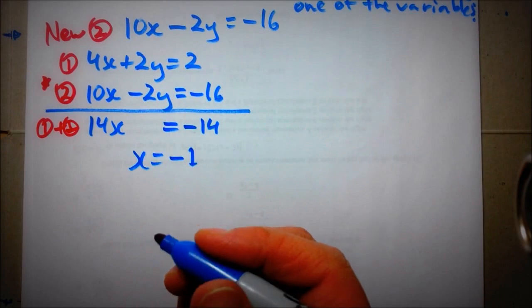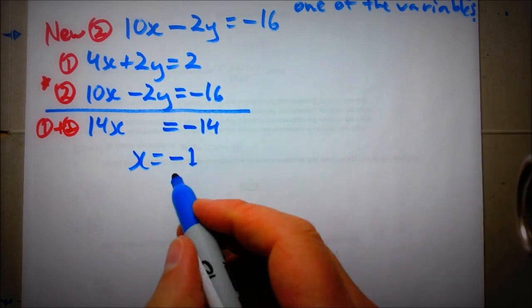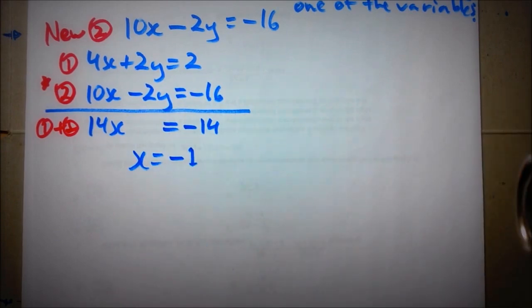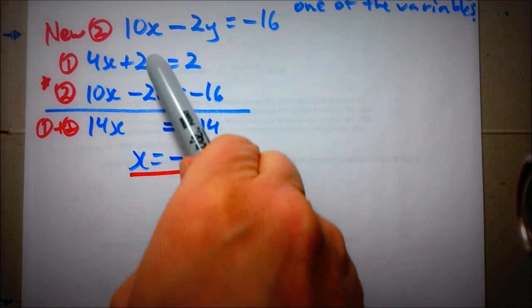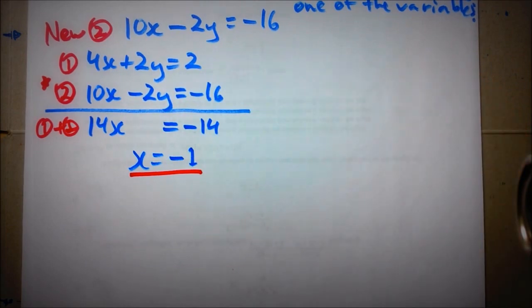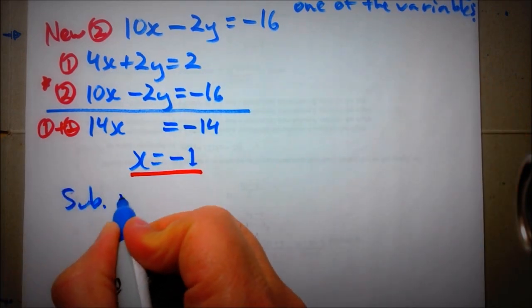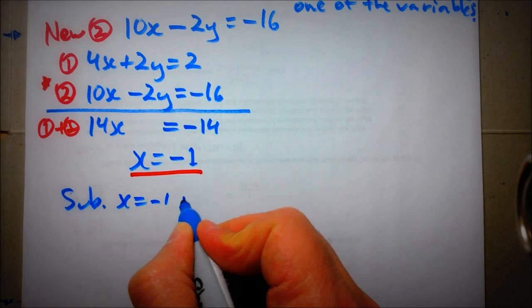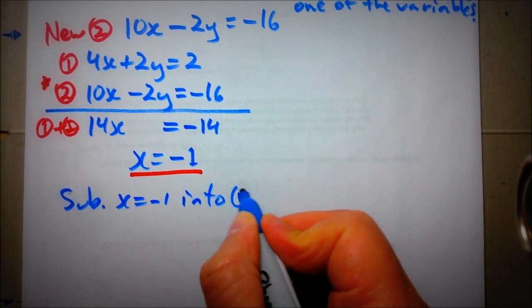Okay. Then we can use this, x equals negative 1, which is our x coordinate for the point of intersection, and we can substitute it into one of the equations in order to solve for y. So I would substitute x equals negative 1 into equation 1.